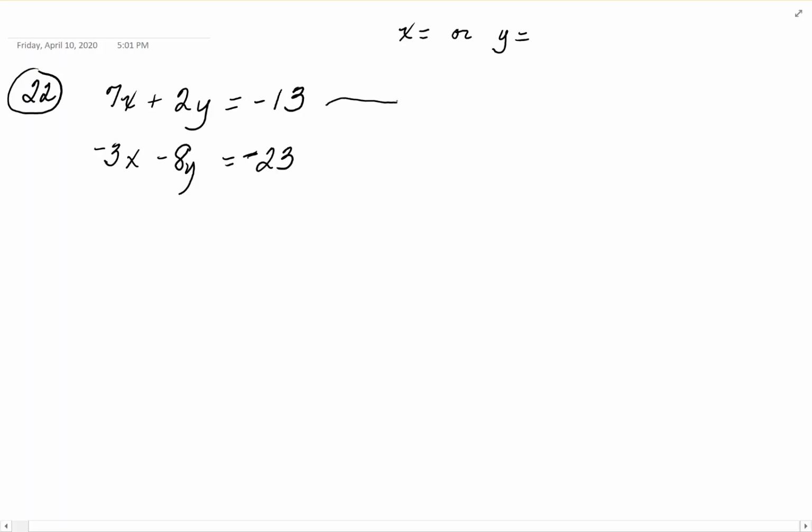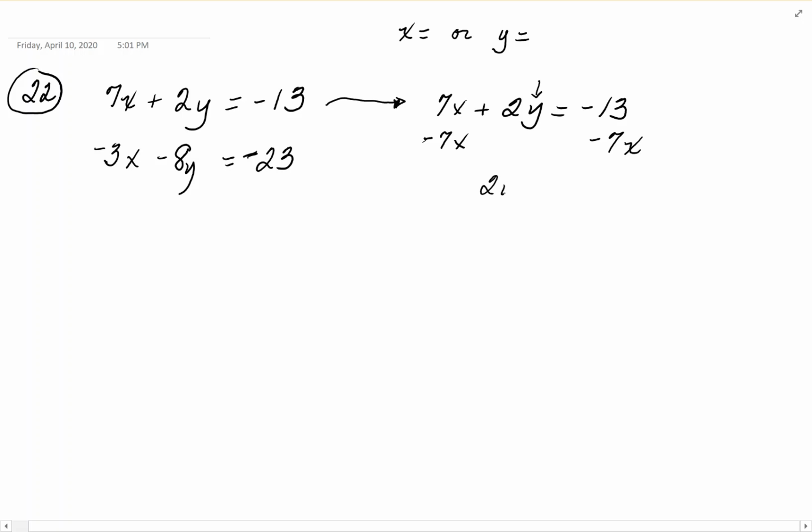I'm going to go ahead and take the first one, 7x plus 2y is negative 13. And although it's going to be unpleasant, I'm going to solve for this y. So I'm going to subtract 7x.